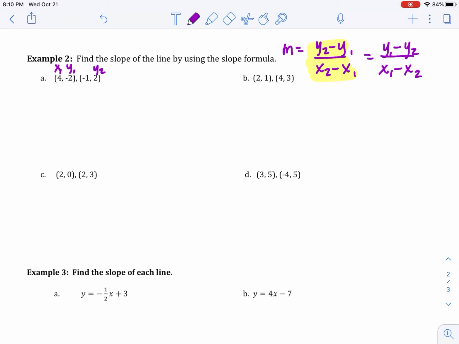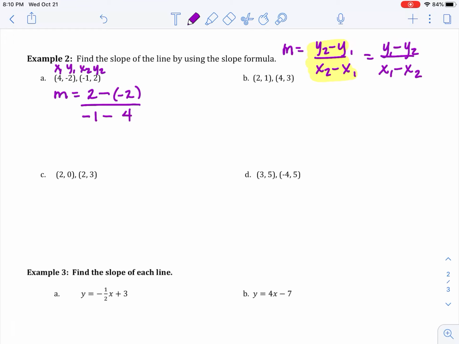So we'll call this first ordered pair x1, y1, and the second one x2, y2. And so we're going to subtract our y's on the top, and we're going to do 2 minus a negative 2. And on the bottom, we're going to subtract our x's. So since we started with the second ordered pair on the top, we got to do the same thing on the bottom. So negative 1 minus 4.